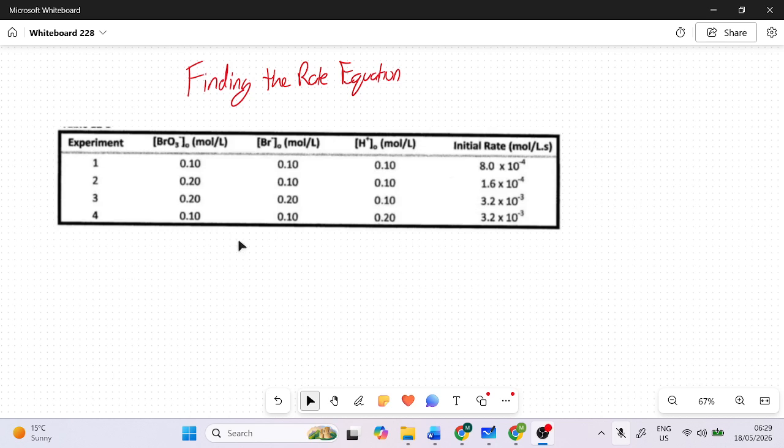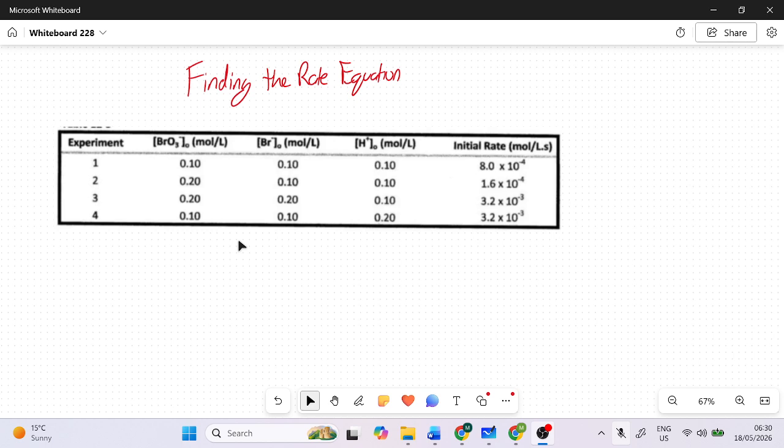Good morning. How do you find the equation rate law or the rate equation? For this, you have to find experiments in which the concentration of one item has been changed and everything else has been left constant.